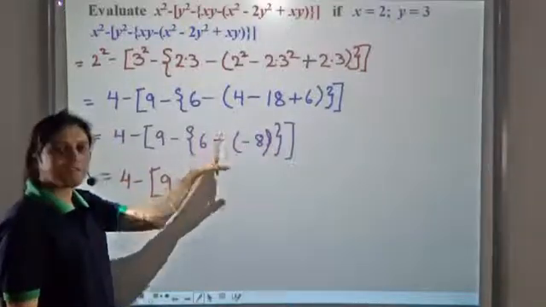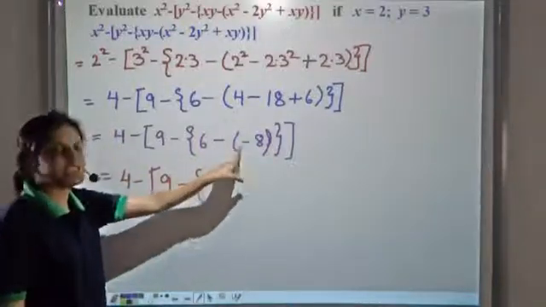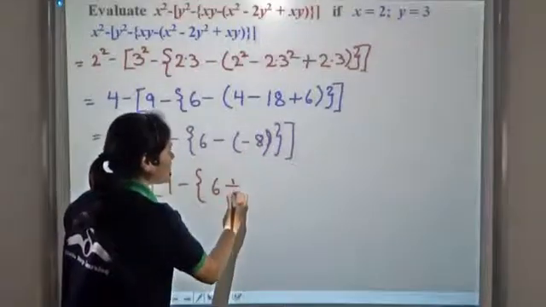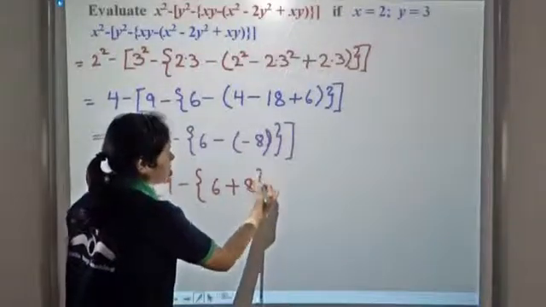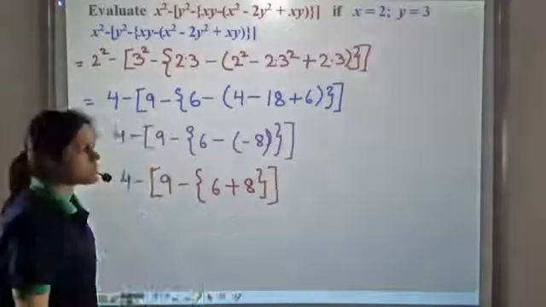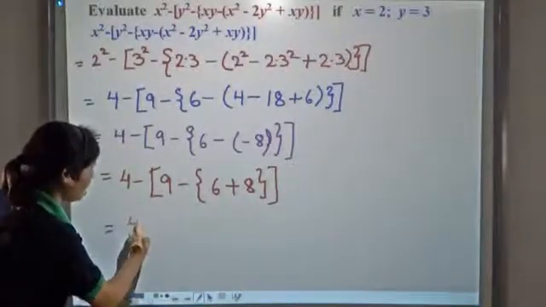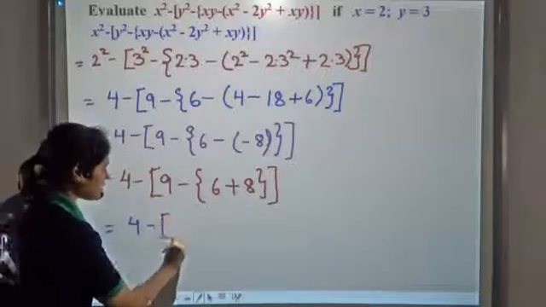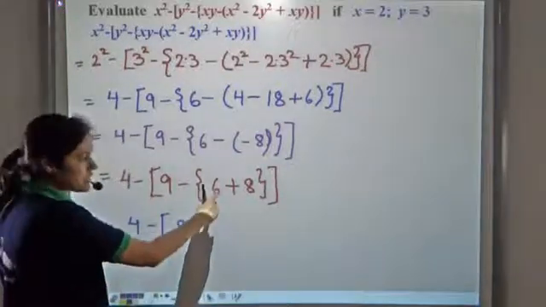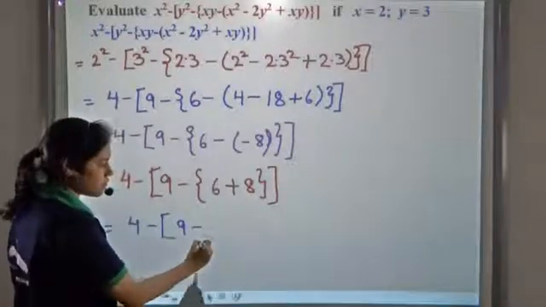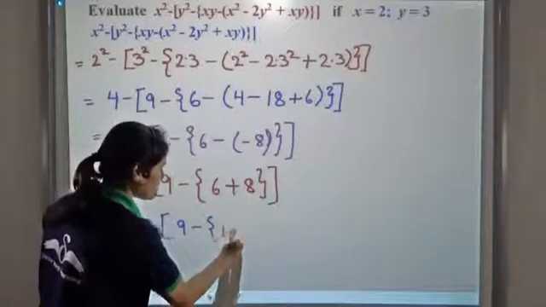Since we have a minus in front of the bracket, the sign changes. Negative 8 becomes plus 8. So this is what we have. Again, we write down 4 minus 9 minus 6 plus 8 is 14. So we write 14.